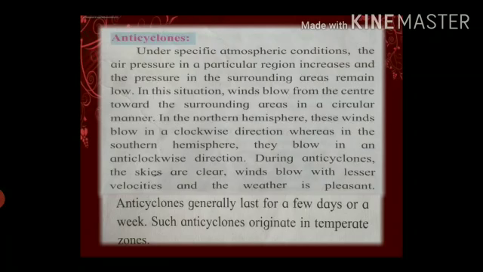In the northern hemisphere, these winds blow in a clockwise direction, whereas in the southern hemisphere, they blow in an anti-clockwise direction. During anticyclones, the skies are clear, winds blow with lesser velocities, and the weather is pleasant. Anticyclones generally last for a few days or a week. Such anticyclones originate in temperate zones.